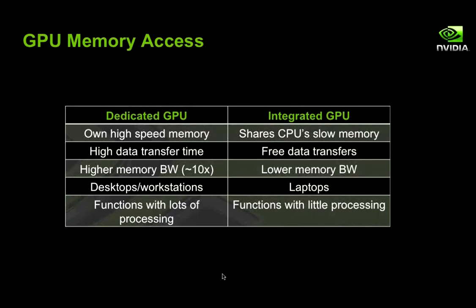So for these two different types of architectures, you would want to port different functions. For a discrete GPU, you probably want to port over functions that have long compute chains, such that you don't have to transfer too much memory back and forth. Whereas with an integrated GPU, you could run functions on the GPU that have little processing.